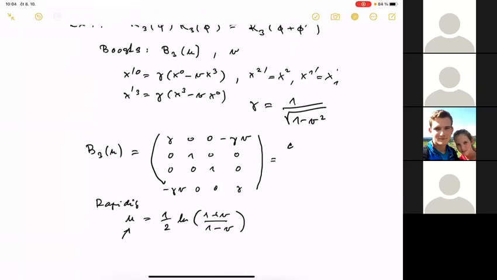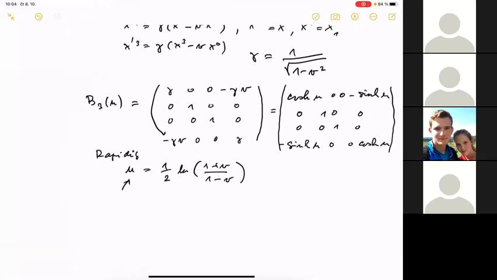So we get cosh u, 0, 0, minus sinh u; 0, 1, 0, 0; 0, 0, 1, 0; and minus sinh u, 0, 0, cosh u.